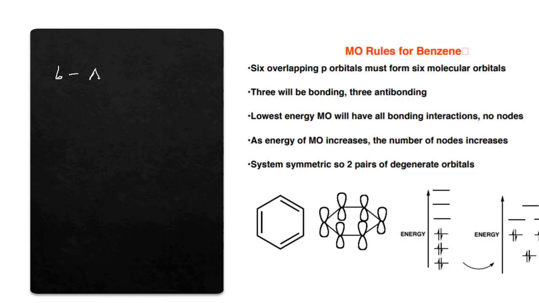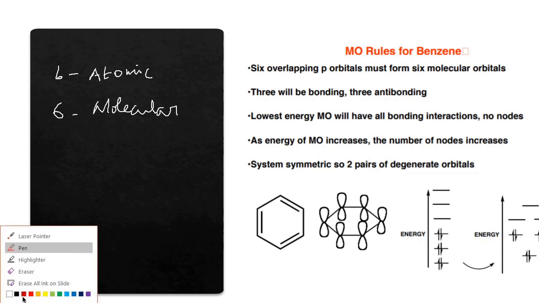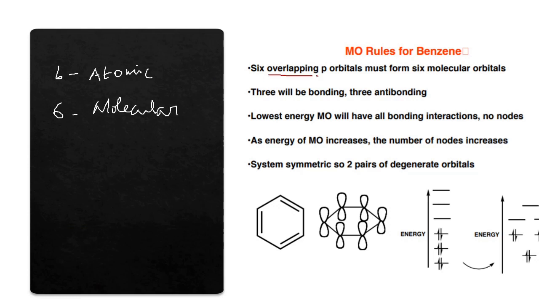These six atomic orbitals combine together, and they form six molecular orbitals. So six overlapping p orbitals should form six molecular orbitals.